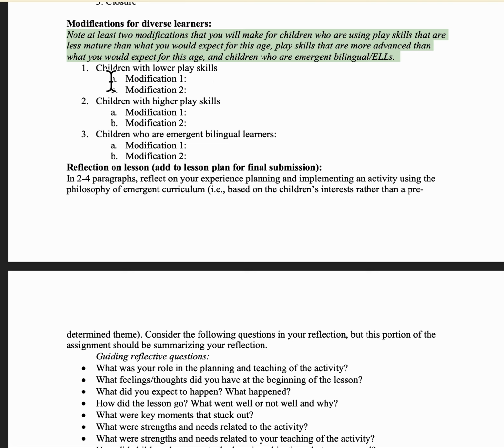So think about what you're doing and how you would allow for a modification for a child who maybe has never played with water before, if to use that example. What might you do to help with that? 2 things. And then in terms of fine motor skills, what might you do for a child who can't pick things up as easily as some children of the same age?